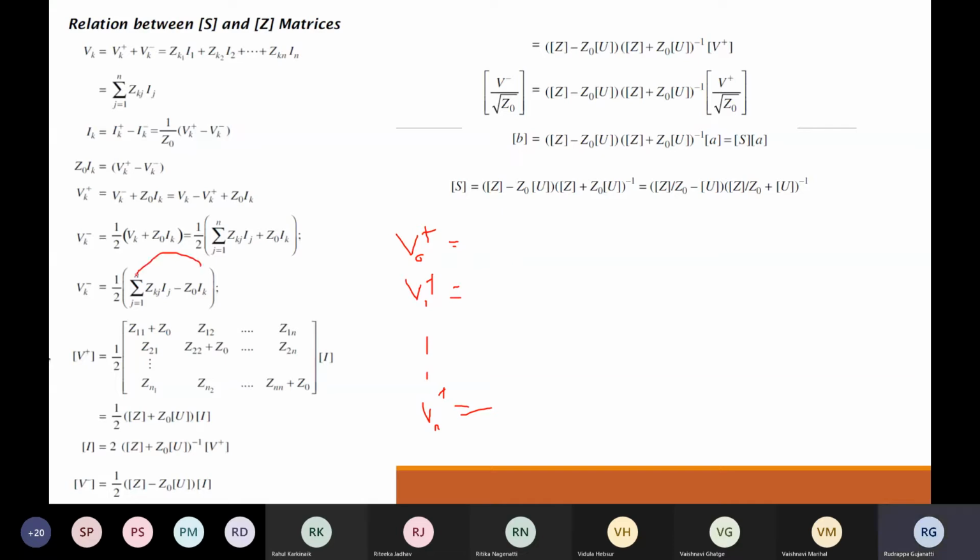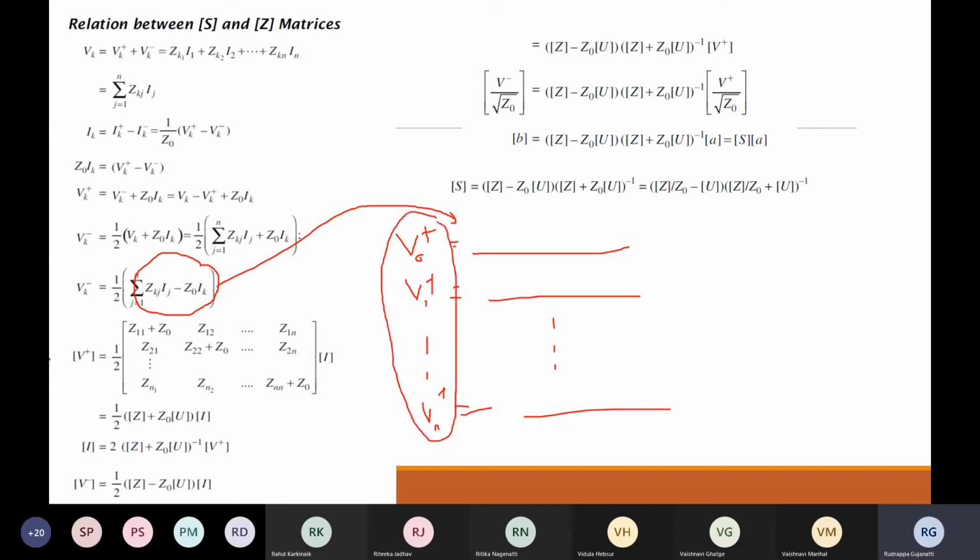Substituting this in the appropriate equation, we'll be obtaining the equations for the incident parameters. Now we can represent these in terms of matrices. How we used to refer to V equal to Zi, that is the matrix representation of Z parameters, if you remember.